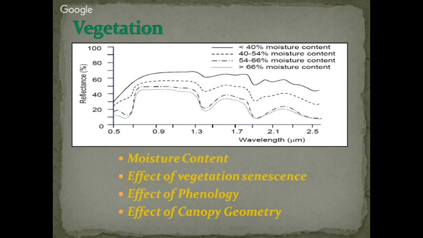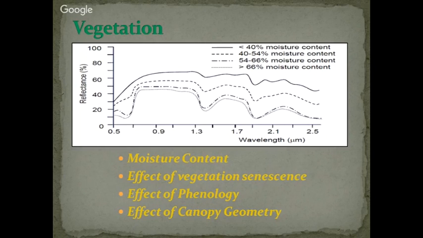You see we have drawn different curves for vegetation, and these curves are representing the reflectance behavior depending upon the moisture content. So we see as the moisture content is increasing, the reflectance behaviors are changing and the surface is reflecting less and less amount of energy.